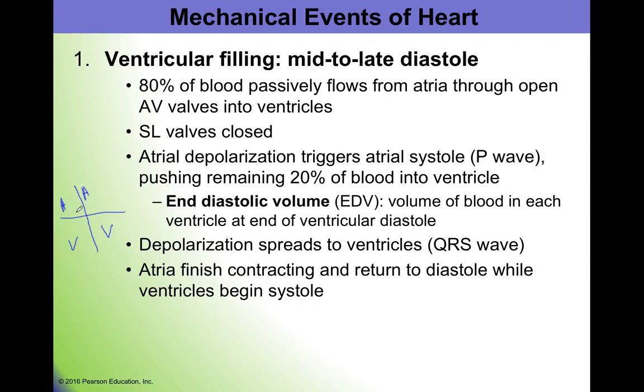So by just looking at the gravity, as blood comes into the two atria, it's going to move directly down to the ventricles with the use of gravity. Now, this happens about 80% of the blood going to the ventricles use that flow and passively moved from atria down to the ventricles.